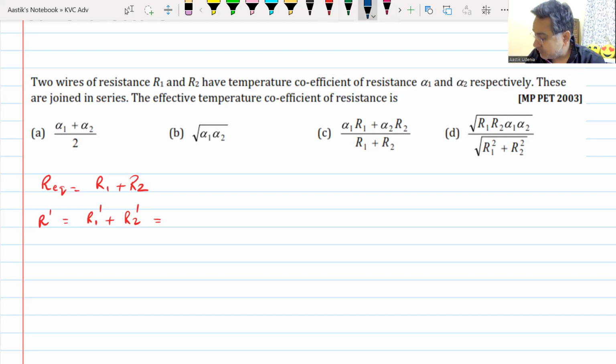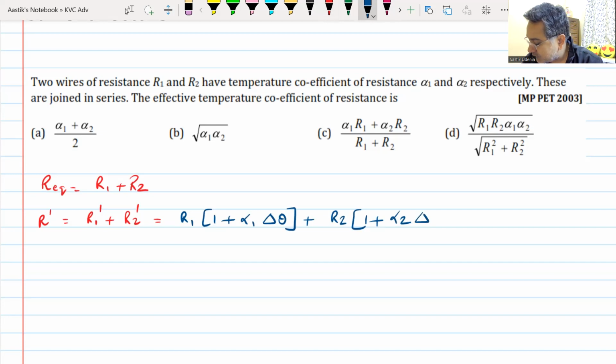So that will become equal to R1 into (1 plus alpha 1 delta theta) plus R2 into (1 plus alpha 2 delta theta). This can be written in this fashion.